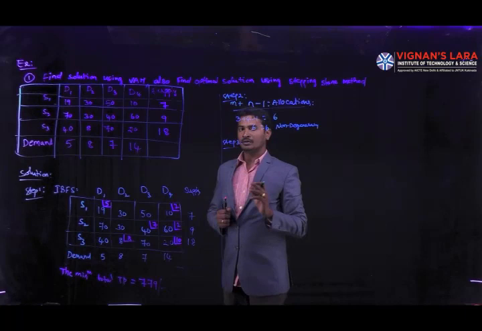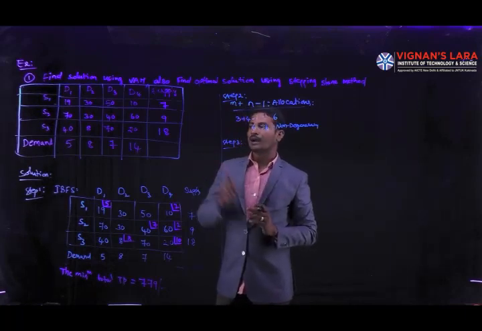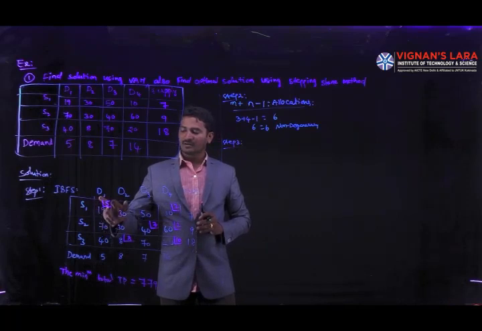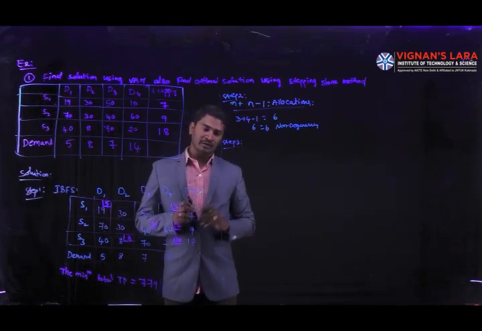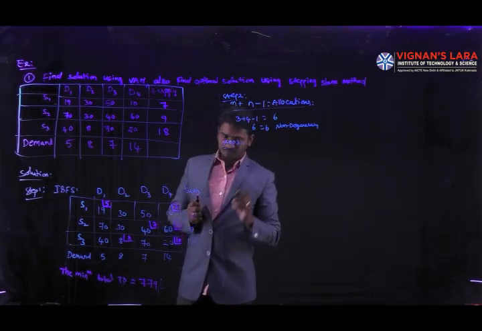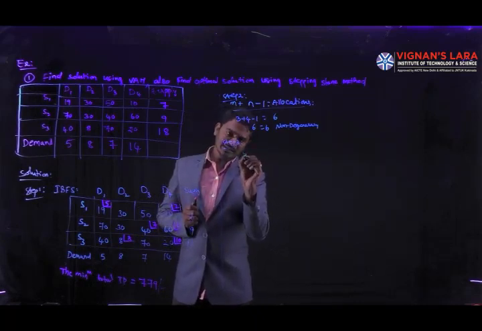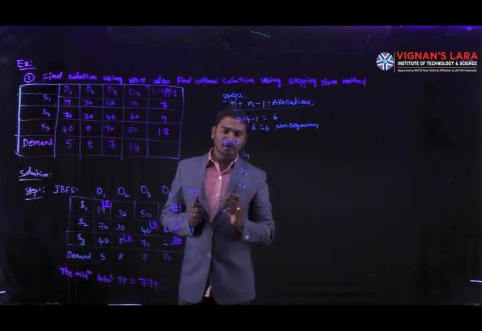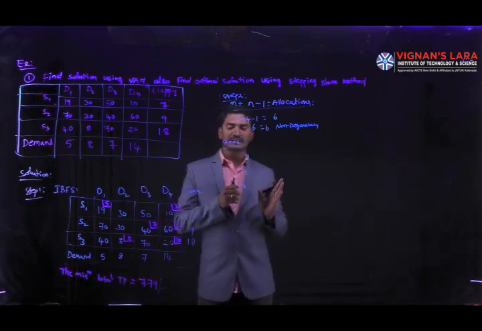We have to draw the loops for unallocated cells. We have one unallocated cell at S1 D2. What is the rule of the loop? The loop must start with an unallocated cell and end with an unallocated cell, and we have to move in the right-hand direction.